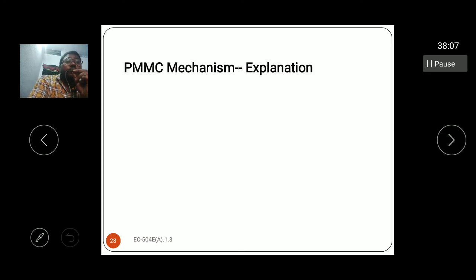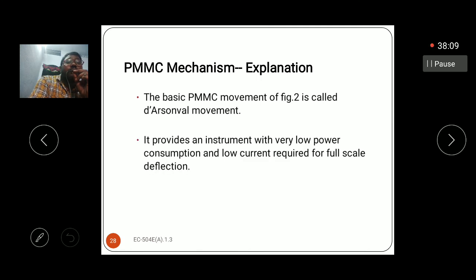The basic PMMC movement in figure 2 is called the D'Arsonval movement. Already I explained the D'Arsonval movement. North pole and south pole are placed with the coil in between, and the coil is connected to the supply. Then we get the reading as deflection in this galvanometer, the same as in the PMMC mechanism.